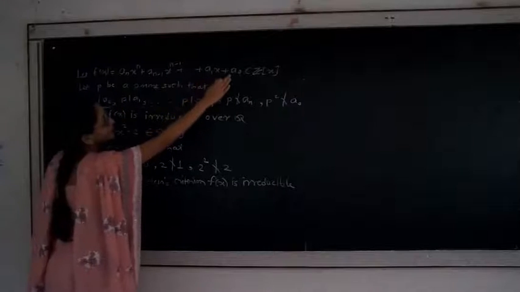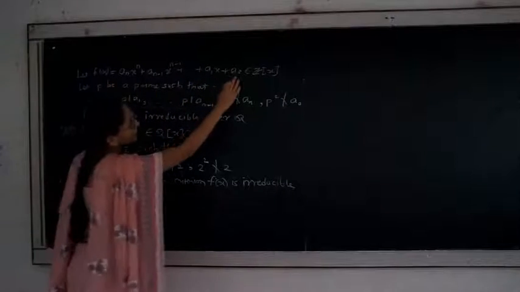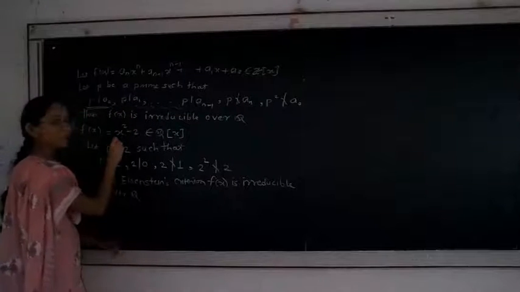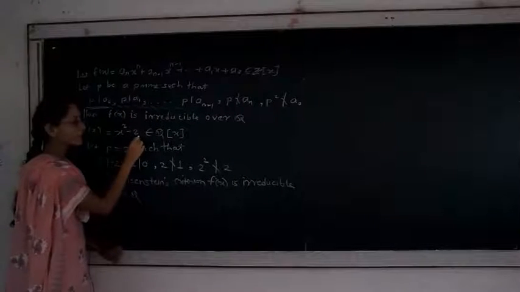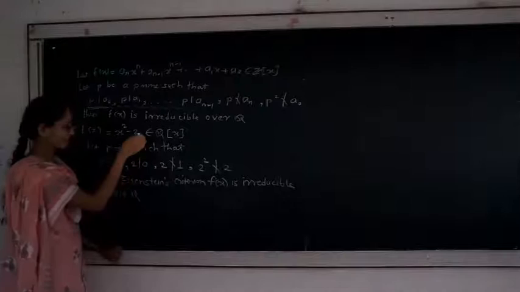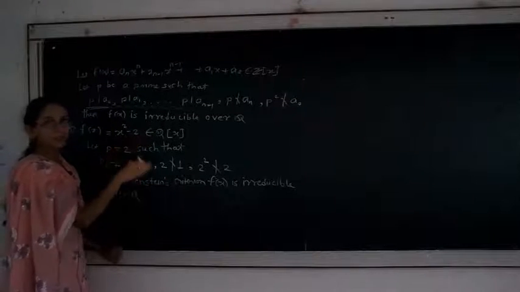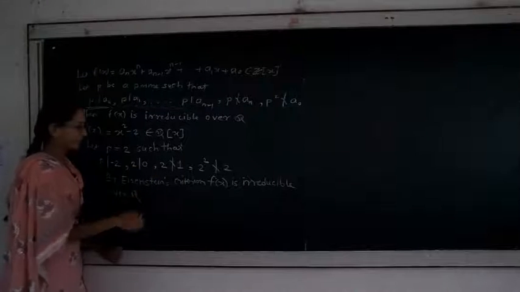Remember this condition also: f(x) has coefficients from the set of integers. Here the coefficients are 1, 0 and minus 2, which are integers. Hence, we have proved that this polynomial is irreducible over Q by the Eisenstein criteria.